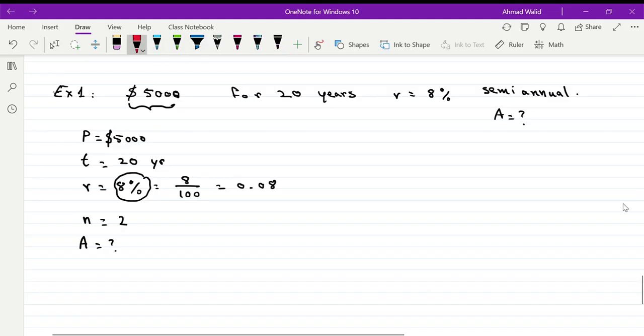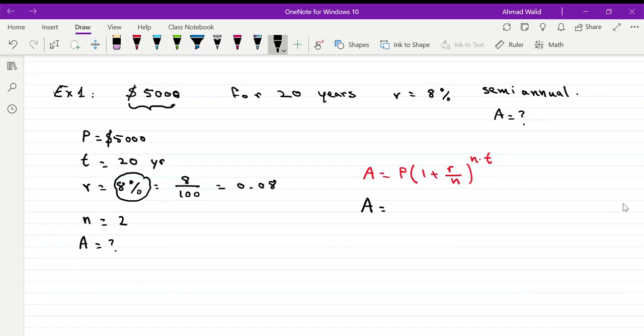Our formula is A equals P times (1 plus R over N) to the power of N times T. Let's plug in the values. Then A equals P, which is 5,000, times (1 plus R, which is 0.08, over N, which is 2) to the power of N, which is 2, times T, which is 20 years.